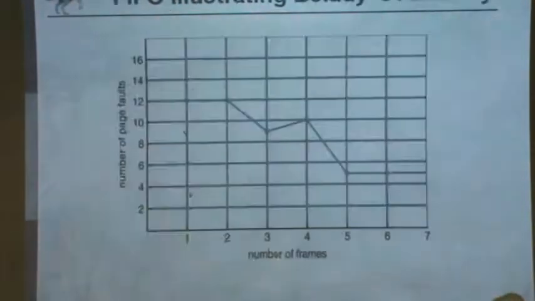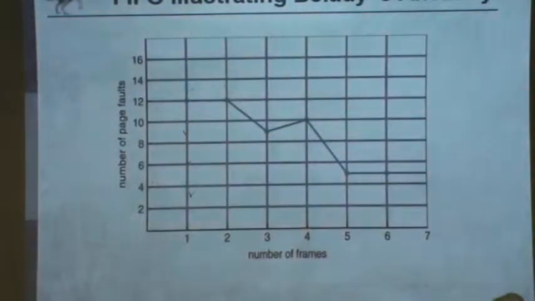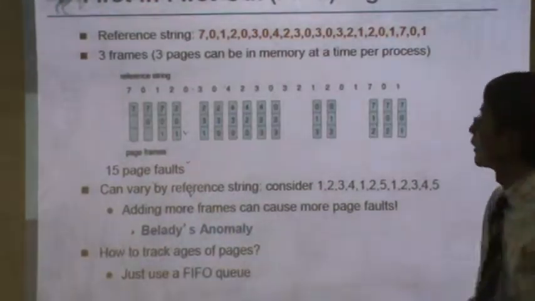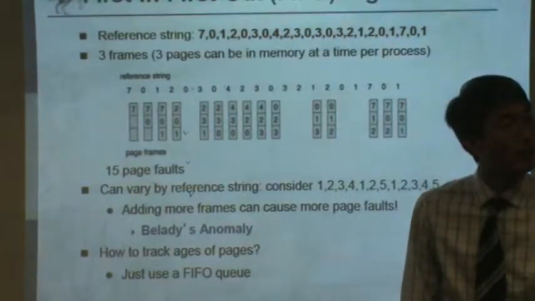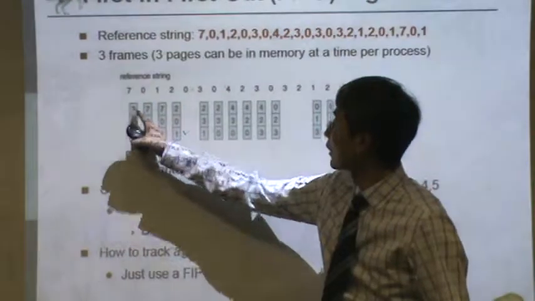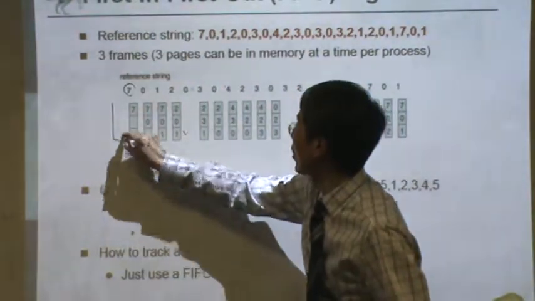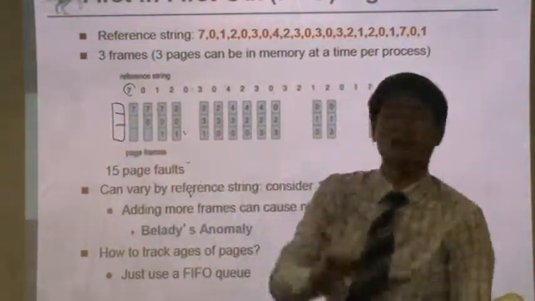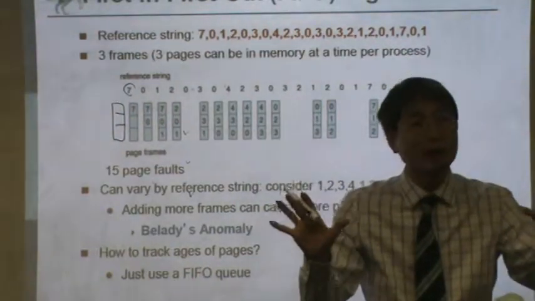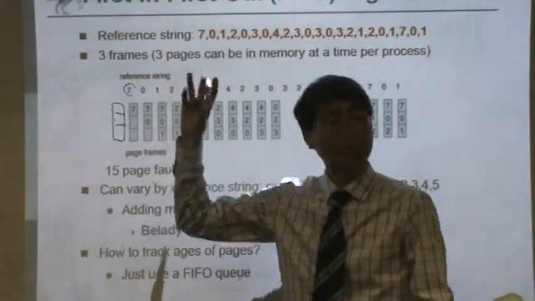Yes. I don't understand what the base frame is. The base frame? What is the base? The number inside the box. This one? The 7 means 7. The first time there's no page. It's an empty memory, right? How many free page frames are here? 3. We have 3.